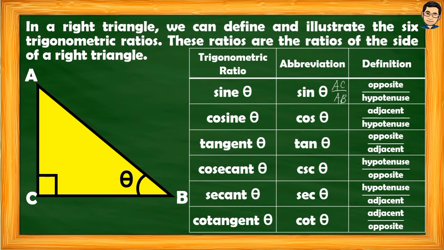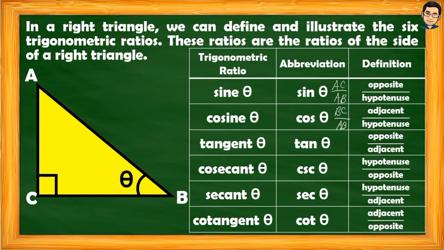And then, we also have cosine. Yung cosine naman is equivalent sa adjacent over hypotenuse. Nasaan yung adjacent side? Magbe-base pa rin tayo dun sa theta, so yung adjacent side niya is yung BC or CB, and yung hypotenuse niya, ganun pa rin, AB. Next, tangent, T-A-N.